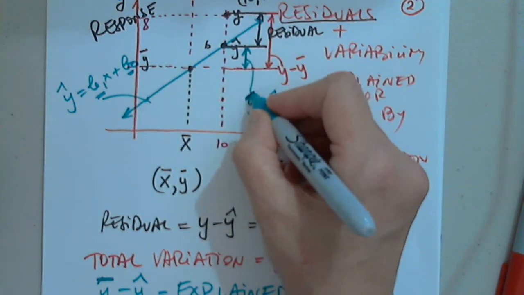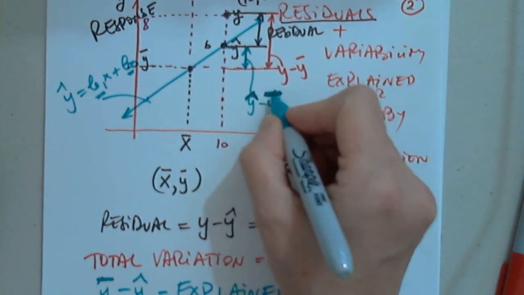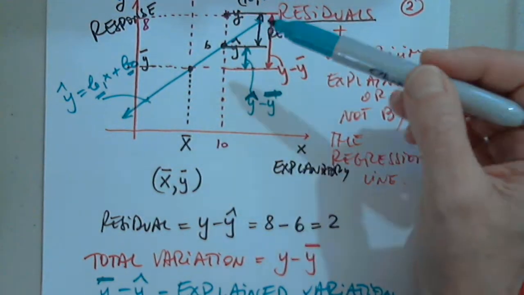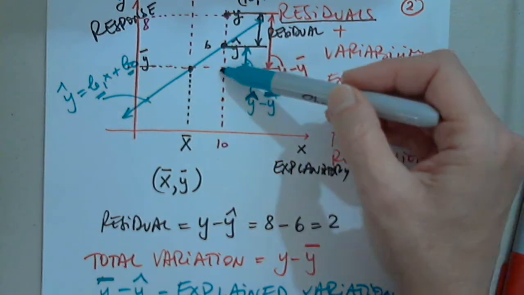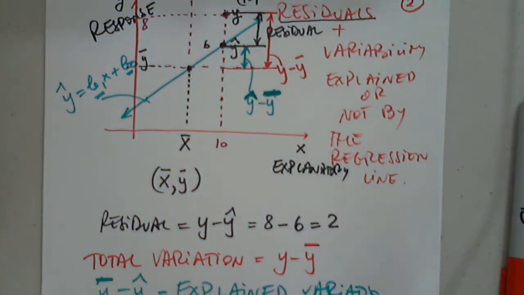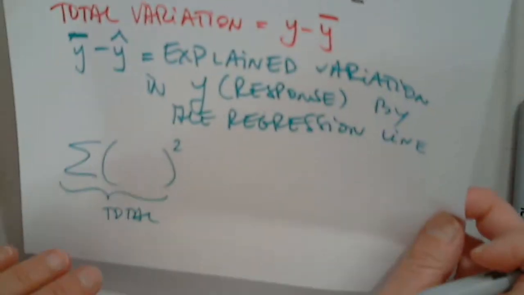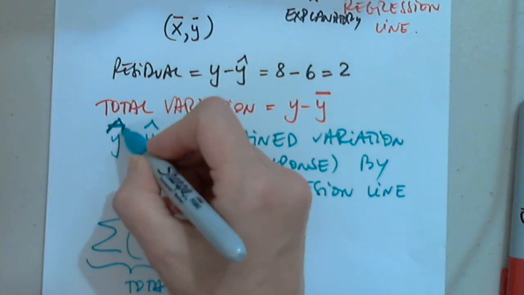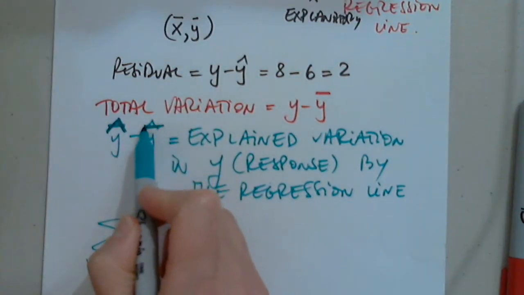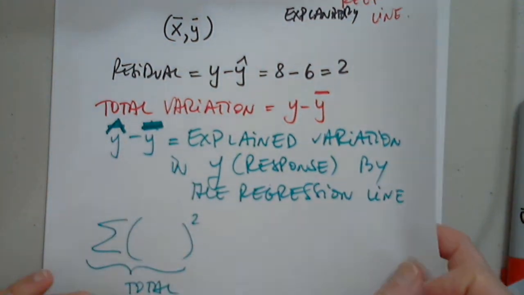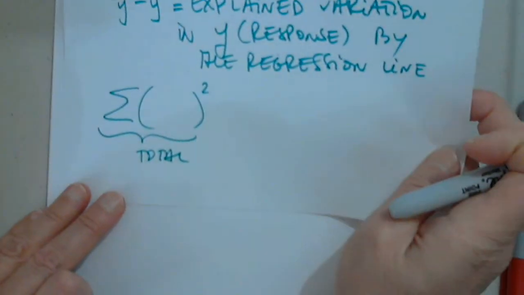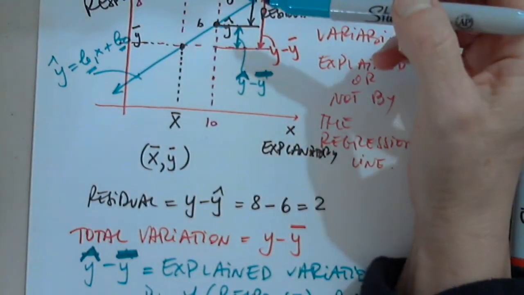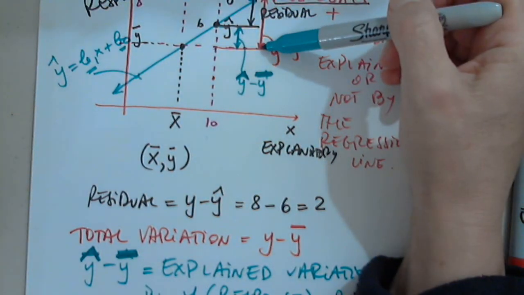Thank you. You're right, because in my example I could have been here. But in my example, you're right. It is y hat minus y bar. We're going to square them, so the sign will not matter. But I want to keep it as it is in my drawing. Thank you very much. So the total is y minus y bar.